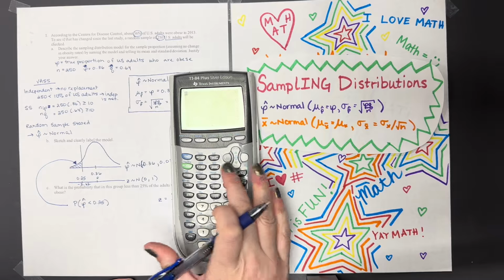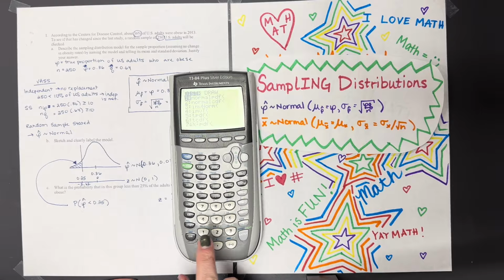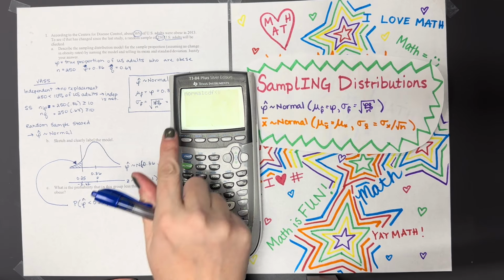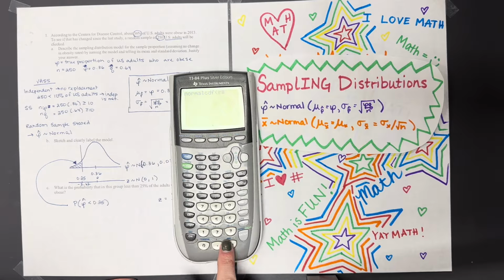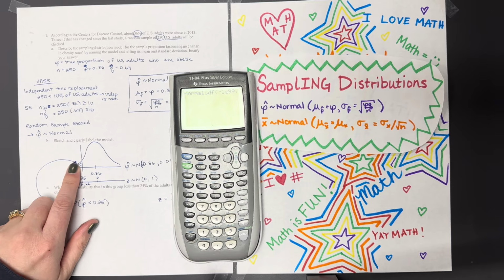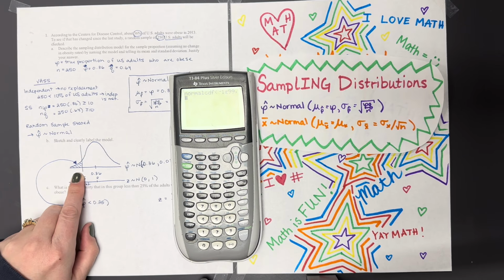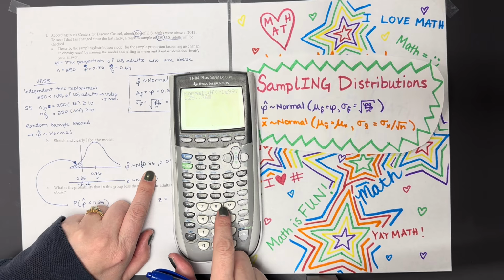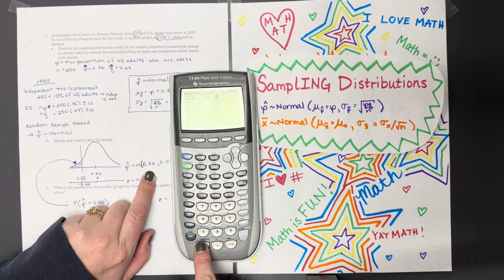So this is an older calculator. When I do my normal CDF on here, it's not going to pull up the screen, but I'm going to put my left limit, which is negative infinity. So I'm looking at the area under the curve from negative infinity up to 0.25. My mean is 0.36, and my standard deviation is 0.0304.